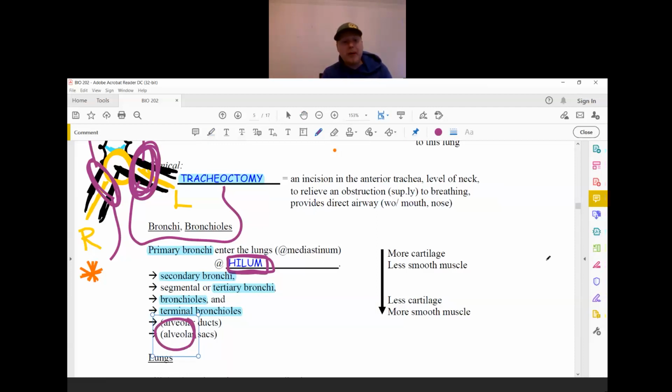But before we move on and start talking about alveoli, I want to mention a couple of things about bronchi and discuss the lungs just quickly.